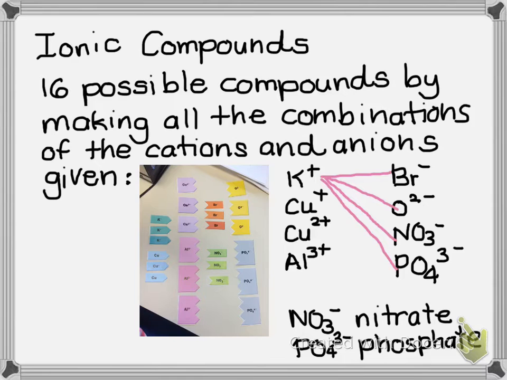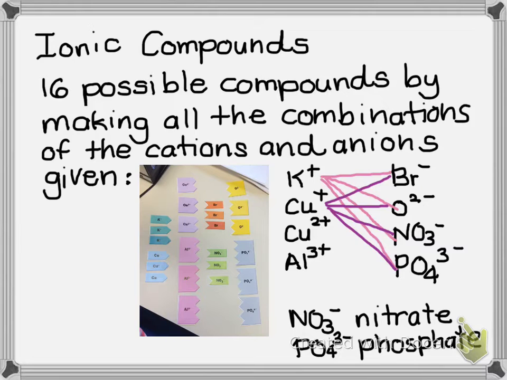And then after you do that, that would be a set that would give you 4 different compounds. So then I would just go to copper, and then I would just start with the anions. So I would go copper to bromine, then copper to oxygen, then copper to nitrate, then copper to phosphate. And then now you'd have a total of 8 combinations. And so on.